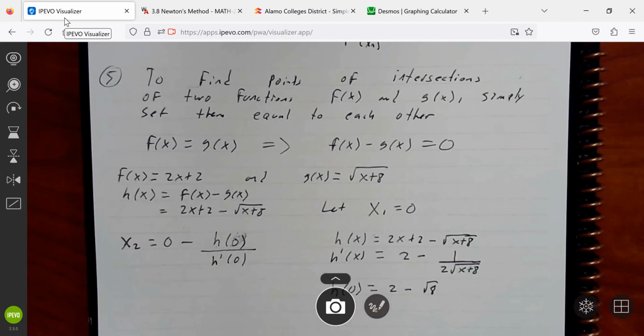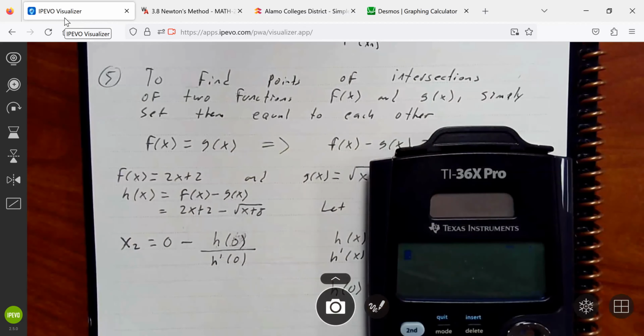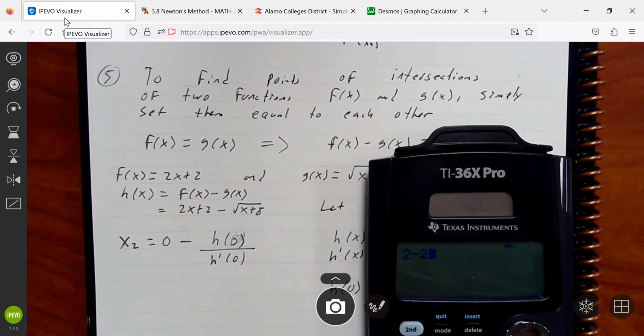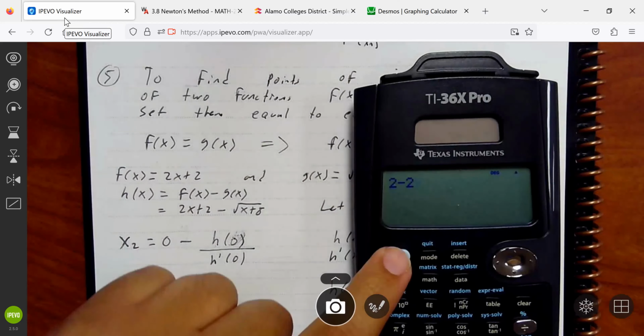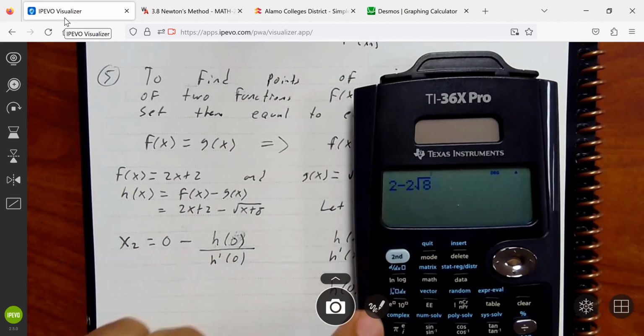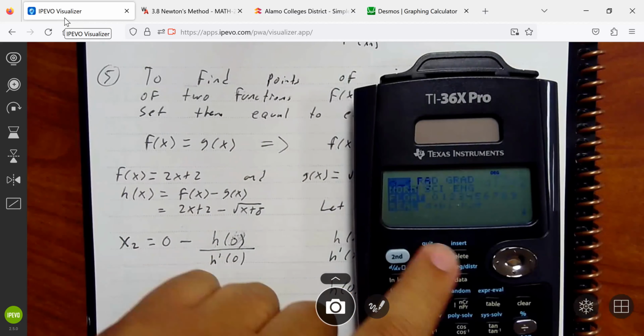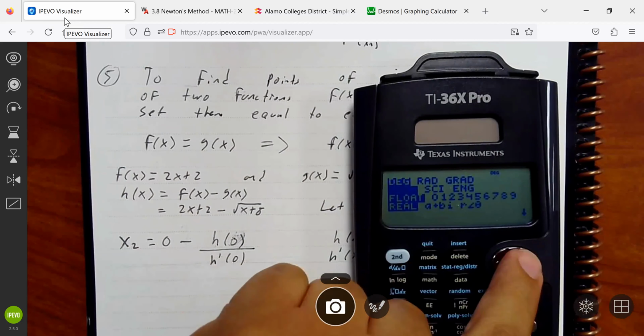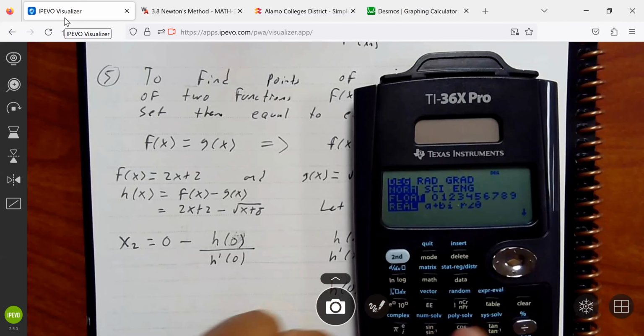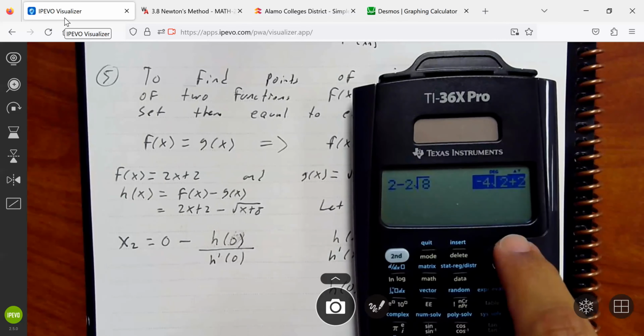I need to pull out a calculator. Two minus square root of 8. I think I have this calculator here as a button.